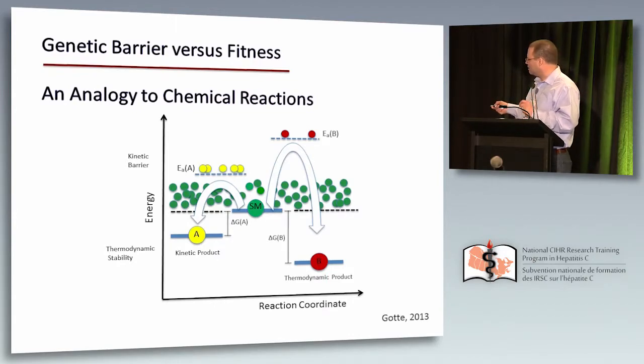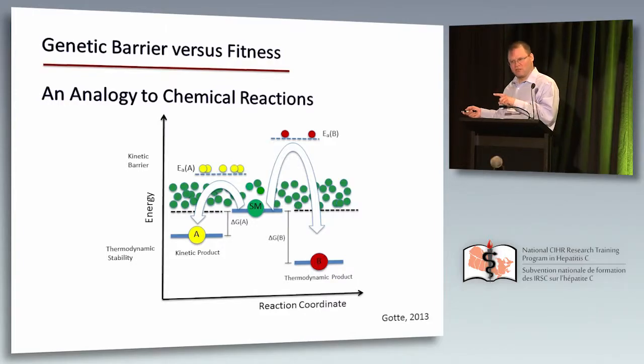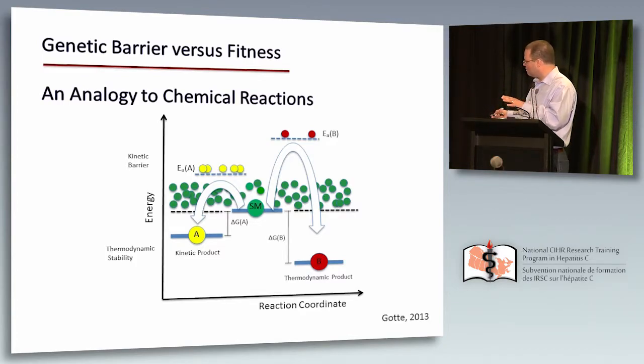But if the activation energy is low, in principle, you rapidly generate the products, okay? And that is the analogy to transition mutations. Transition mutations are easily generated by NS5B, so you rapidly generate transition mutations. However, that doesn't mean that these transition mutations are also stable.